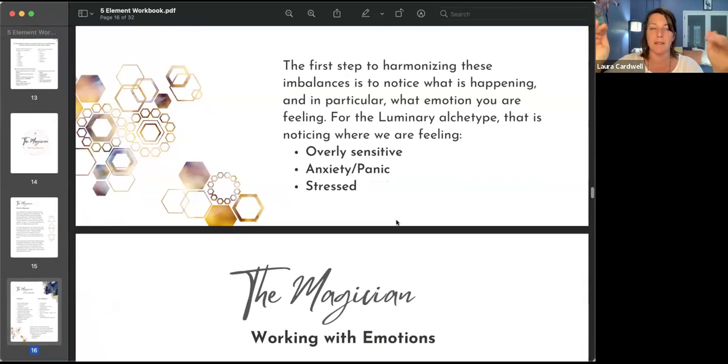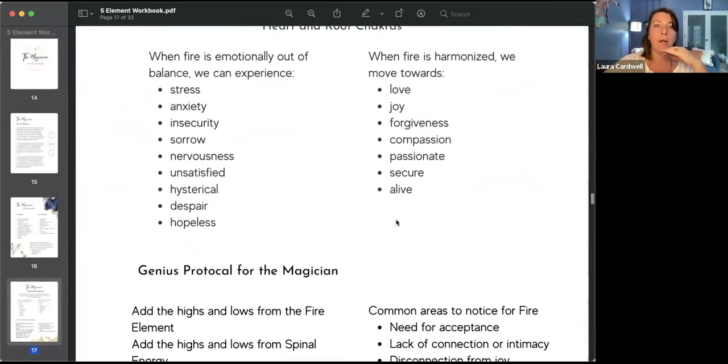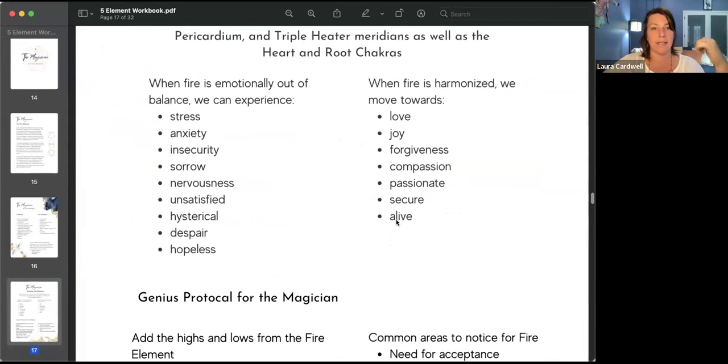When someone's really stressed, it can lead to anxiety and panic, but they can also be stressed without anxiety, right? There's a hypersensitivity, a hyper excited energy that tends to lean towards a state of stress in the body. So when you're working with the emotions, you're going to see stress, anxiety, insecurity.